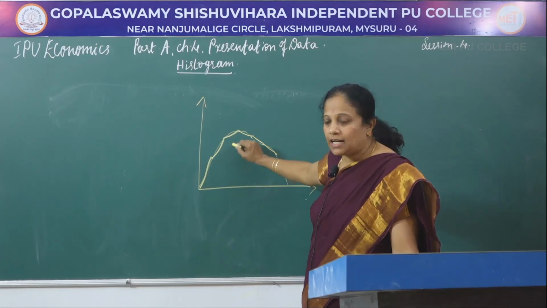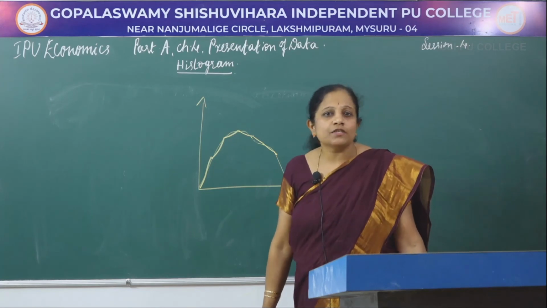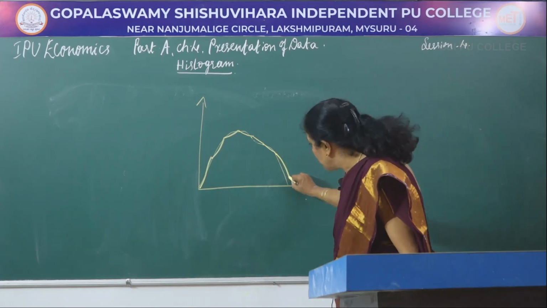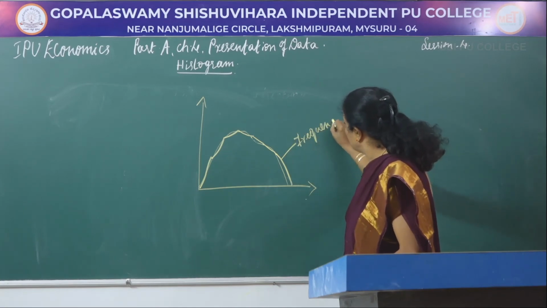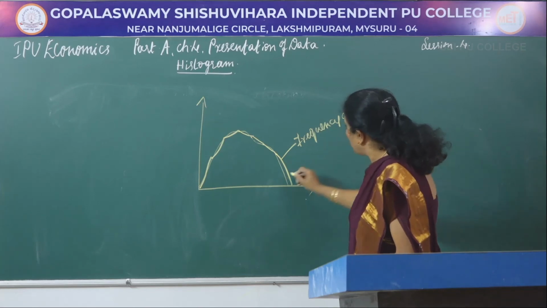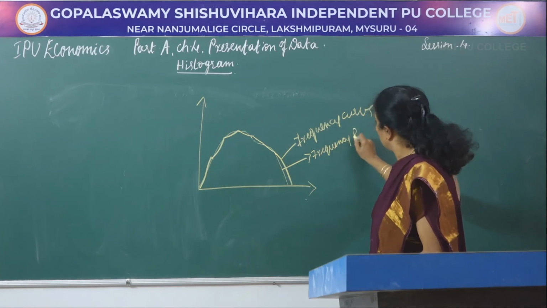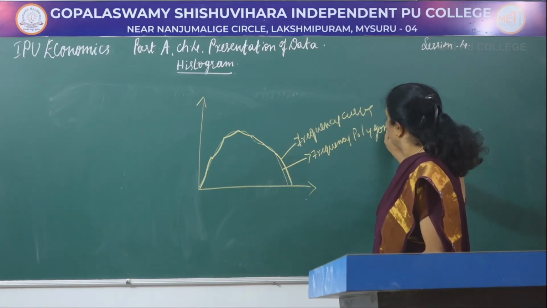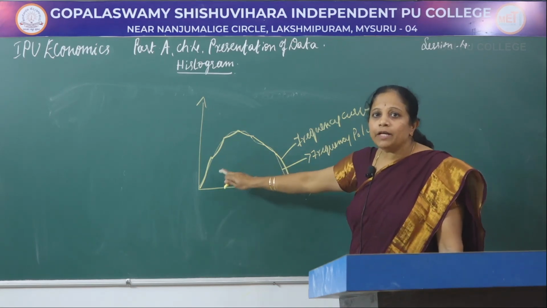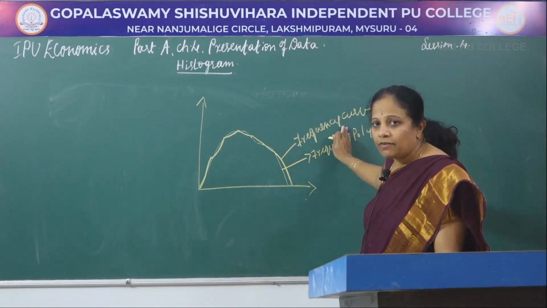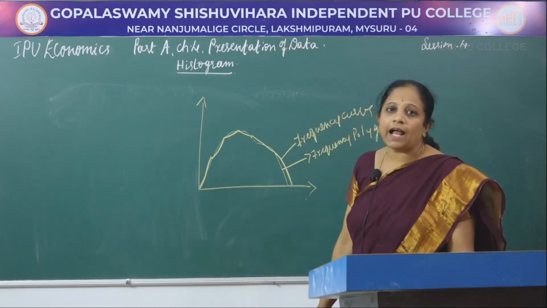But the frequency curve explains the same data in the form of a freehand smooth curve. So this is called the frequency curve, and this is called the frequency polygon. So the frequency polygon is drawn by using the class midpoints, and the frequency curve is a freehand smooth curve drawn just above that.